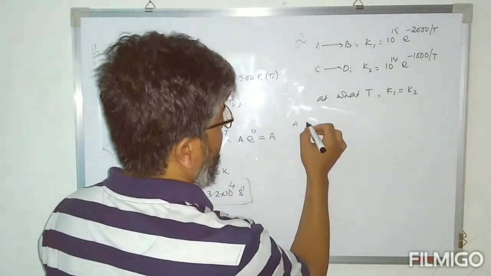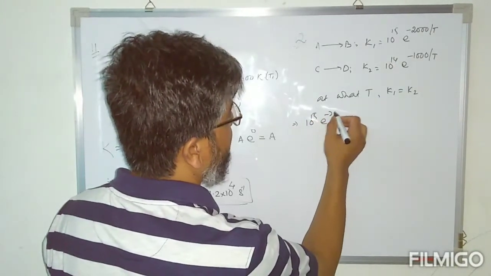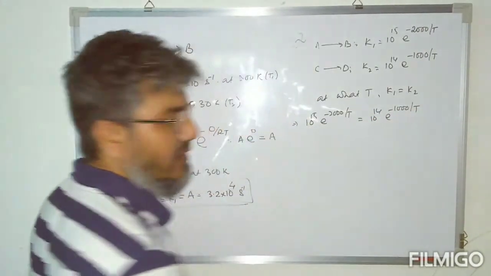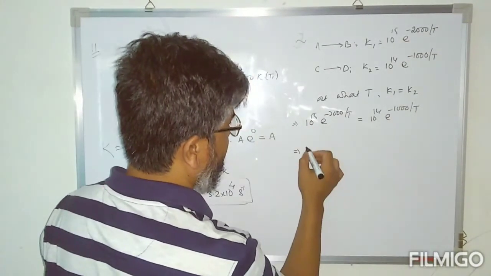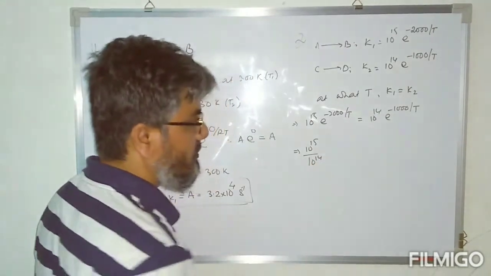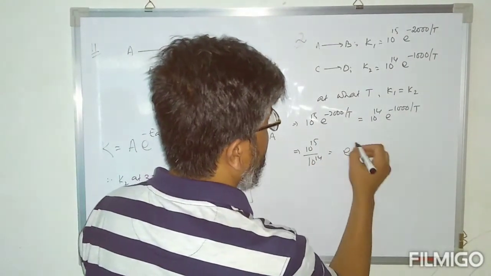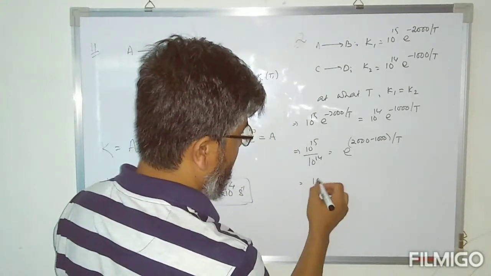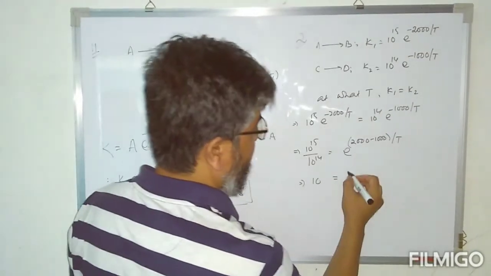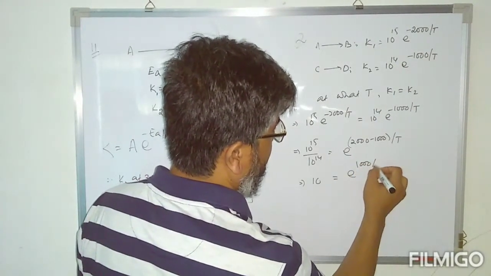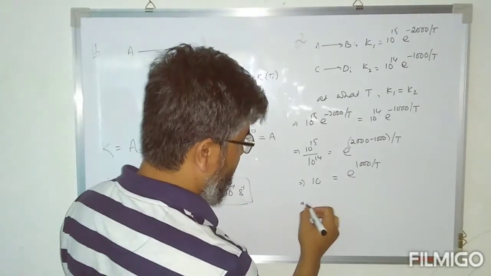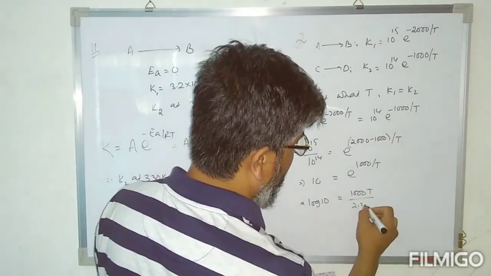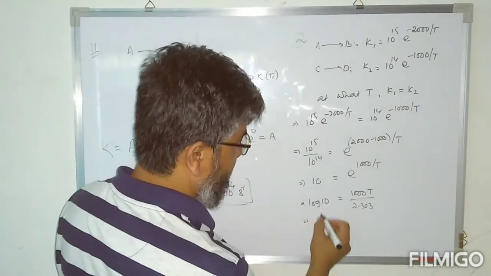Therefore, 10 to the power 15 exponential minus 2000 by T equals 10 to the power 14 exponential minus 1000 by T. So 10 to the power 15 divided by 10 to the power 14 equals exponential of 2000 minus 1000 by T. So this is 10 equals exponential 1000 by T. Taking logarithm, we say ln 10 is equal to 1000 by T, and log 10 is 1.